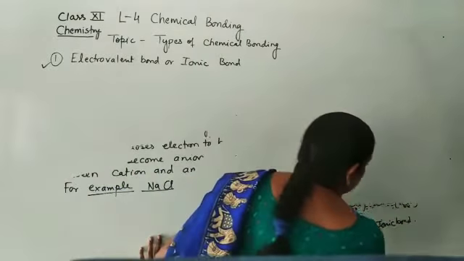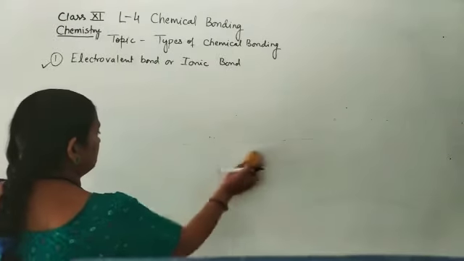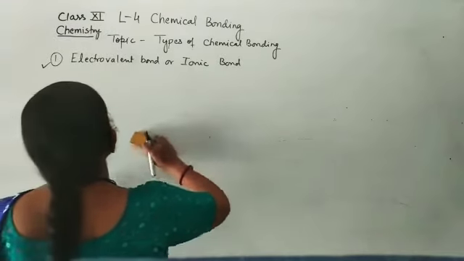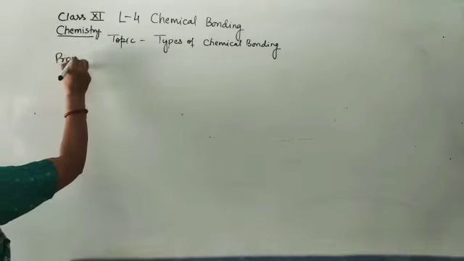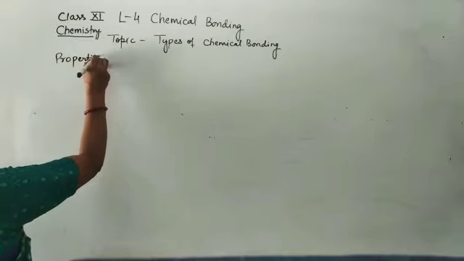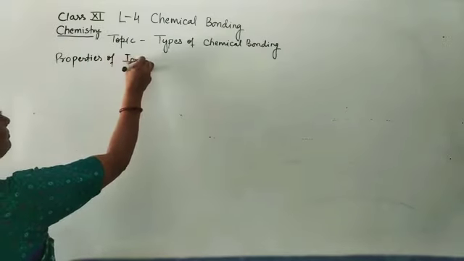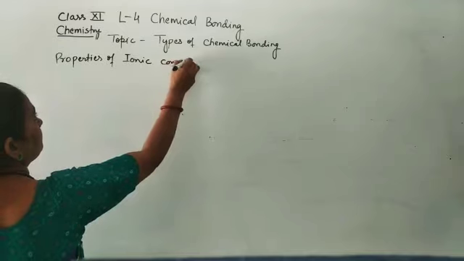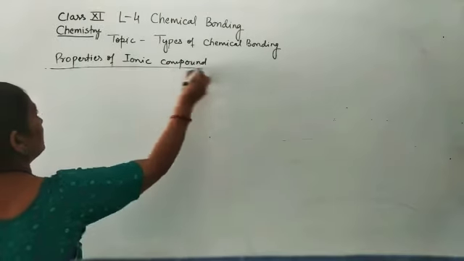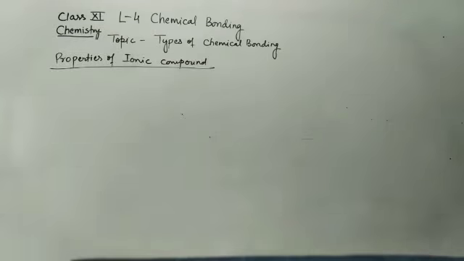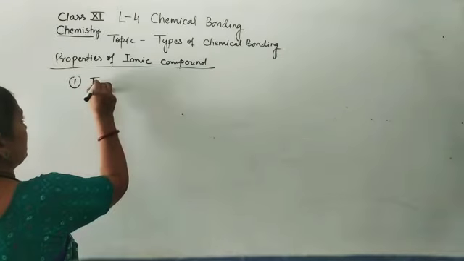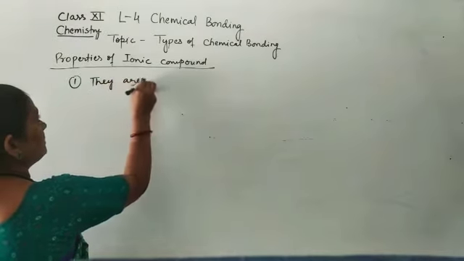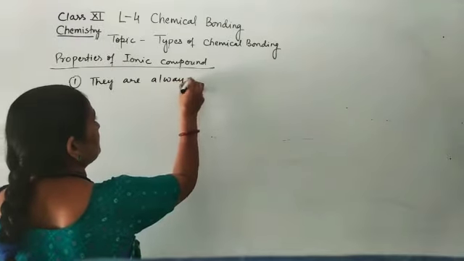Now I am going to discuss the properties of electrovalent compounds. The type of attraction force between the constituent particles decides its state. Ionic compounds are always solid.